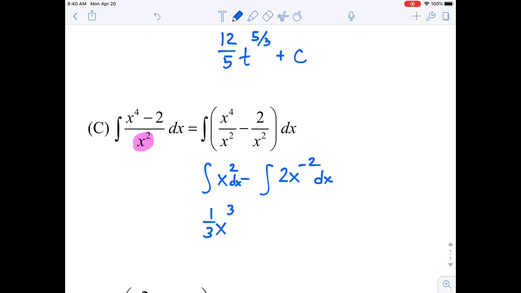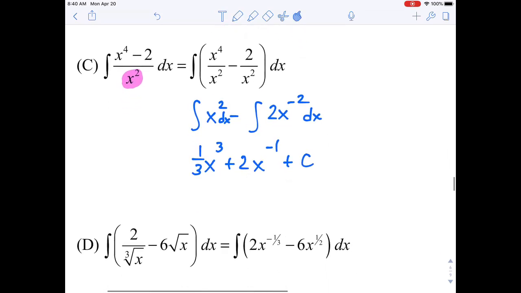And as you do more and more of these, you just get better at recognizing things. Okay, I think that's right.